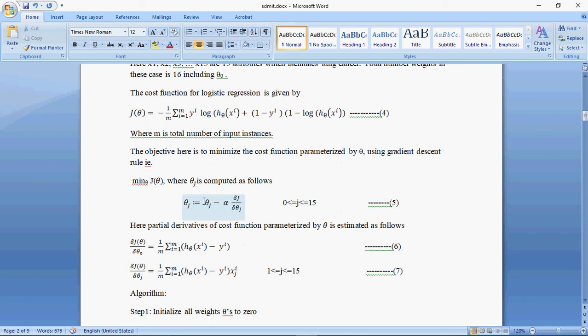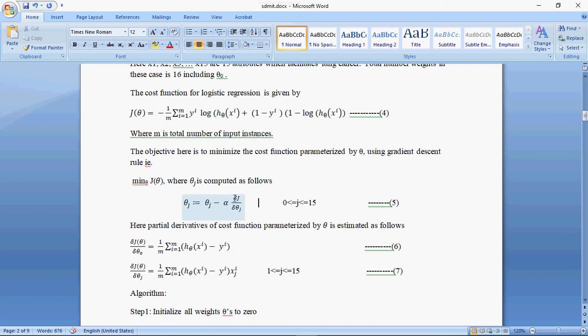We don't have any problem with theta j and alpha, but how do we calculate this gradient, ∂J/∂theta j? It tells you how a small variation in thetas is going to affect your cost function.